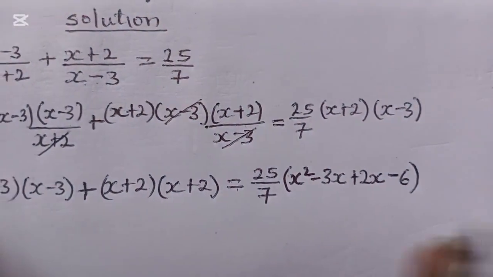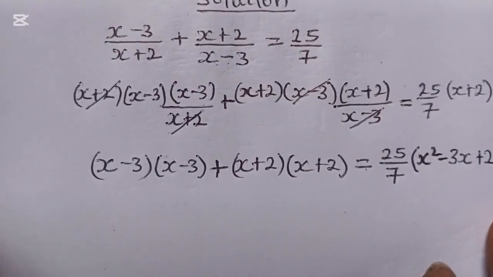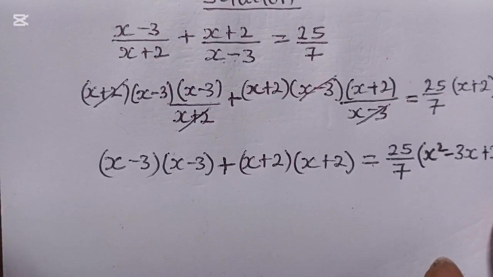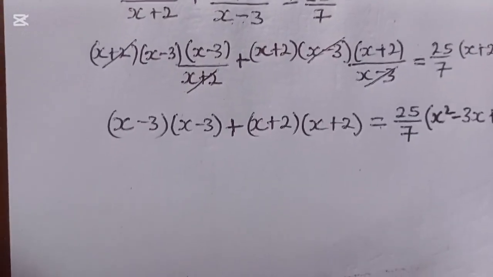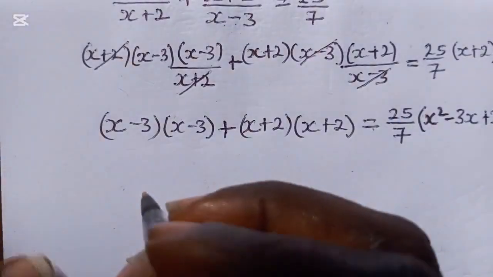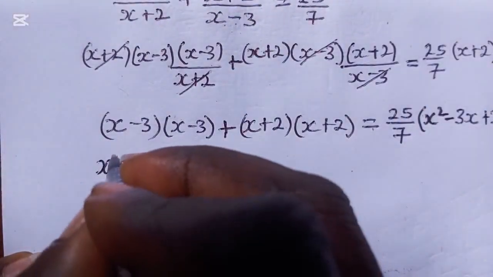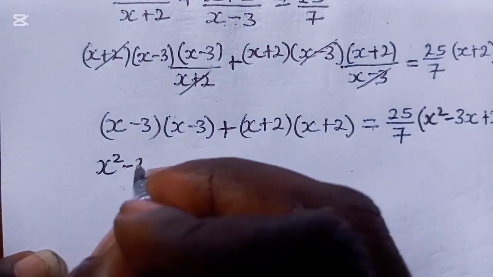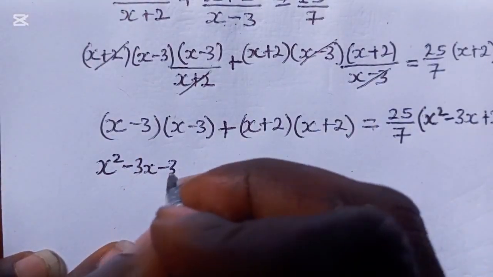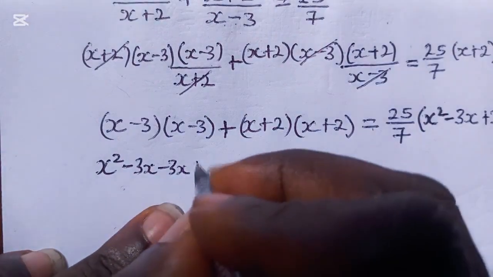Then we close the bracket. So we move to the next steps here. We can also expand these two. If we expand that, we are going to have x square minus 3x minus 3x plus 9.